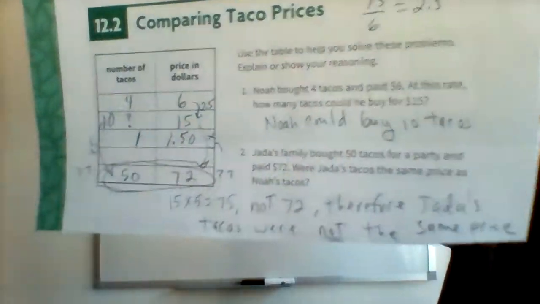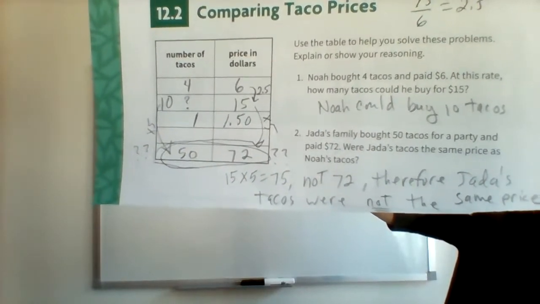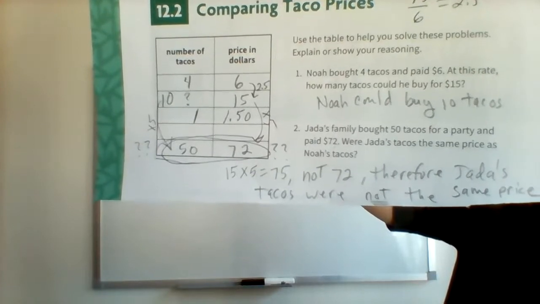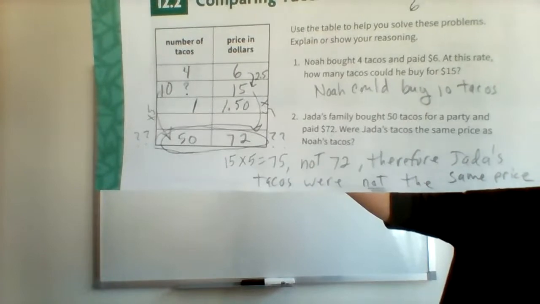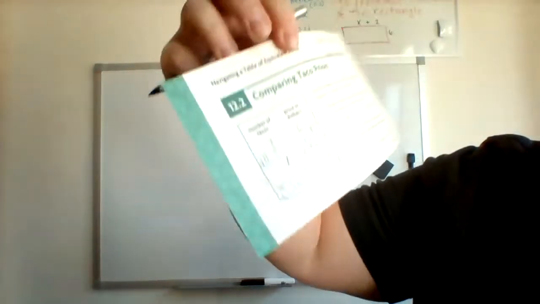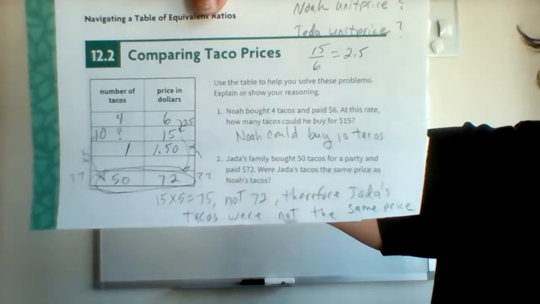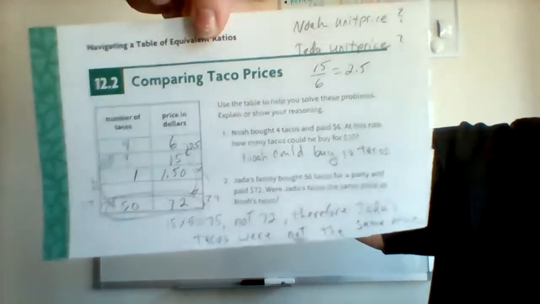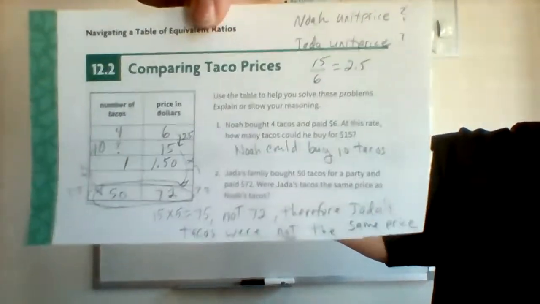Did you guys get $1.50? Fergie, try again. I need you to do 6 divided by 4, and you should get 1.5. Okay, perfect. That means that every single taco is $1.50.